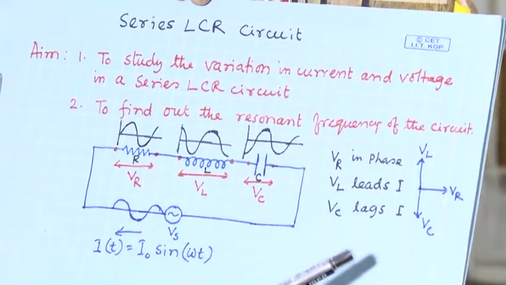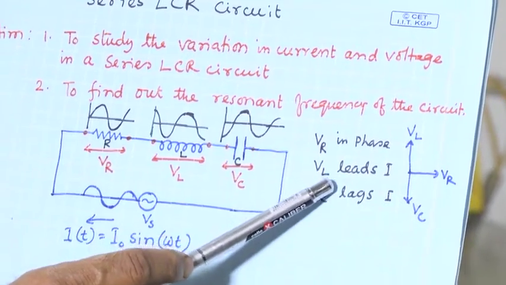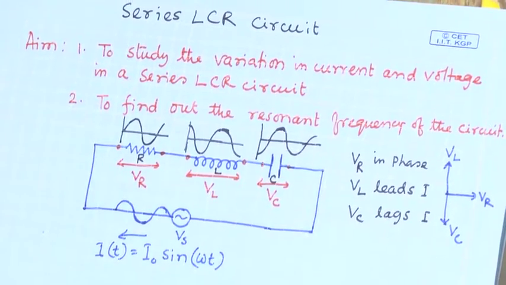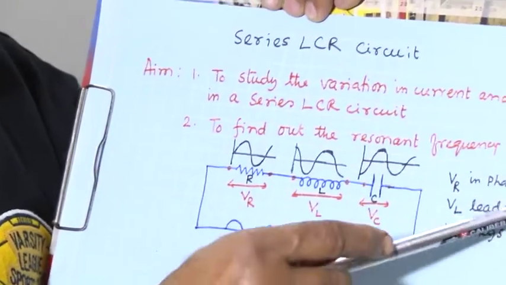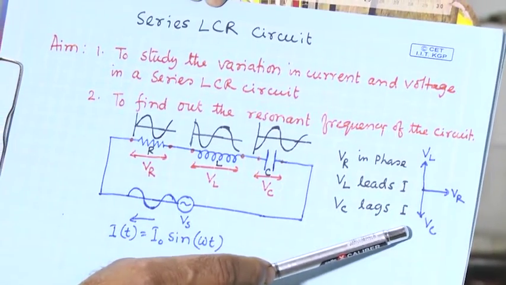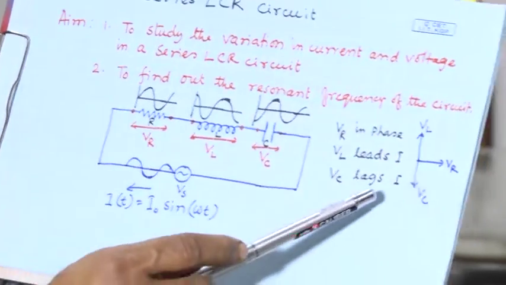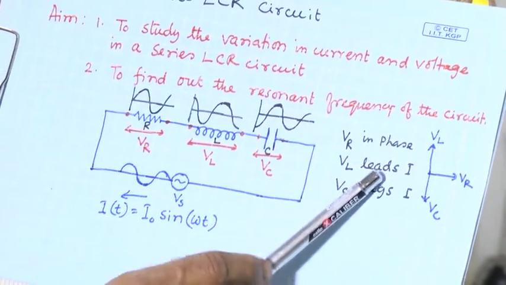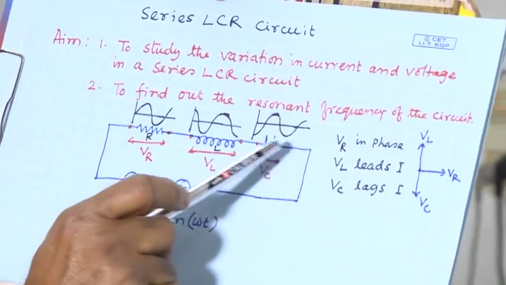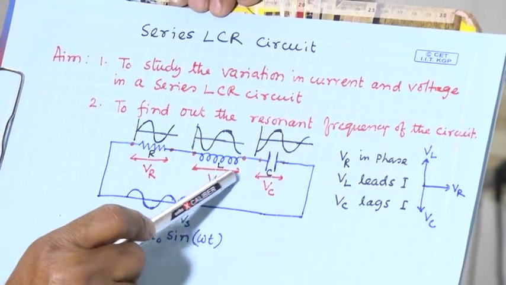VL leads I, which means its phase is 90 degrees ahead with respect to the current, and VC lags with a phase of 90 degrees. So the phase difference between VL and VC is basically 180 degrees, in opposite directions. So you can draw the phase diagram.